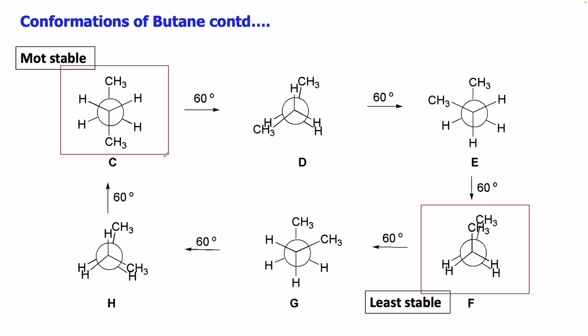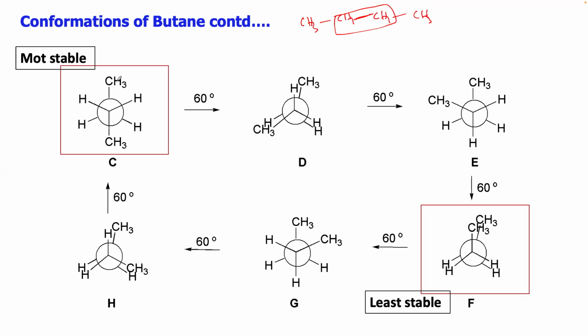So when you take butane, I'm going to go through this quickly. As I told you, we are considering this bond, so the rotation around this bond. Therefore, these 2 CH3 groups are the substituents to that bond.